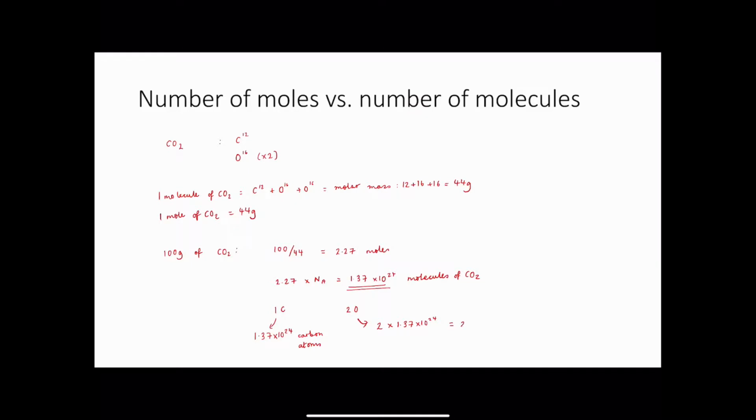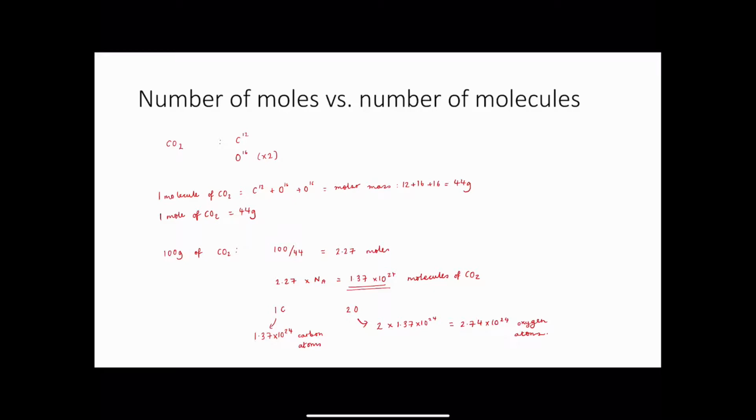That's going to give us 2.74 times 10 to the 24 oxygen atoms. And you could add those two together, the oxygen and the carbon atoms, to find out the total number of atoms in 1 molecule of CO2.